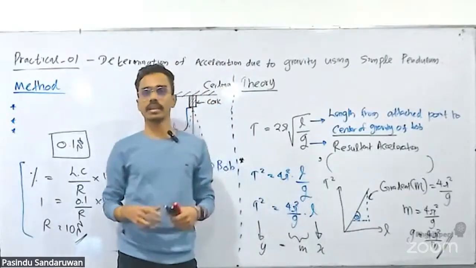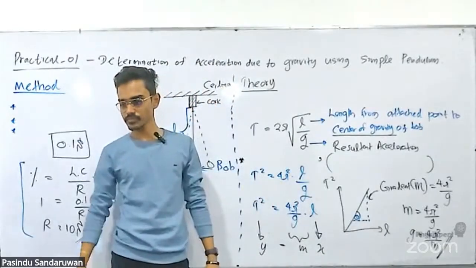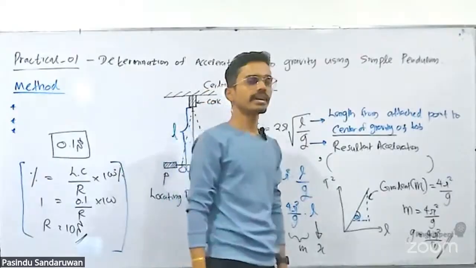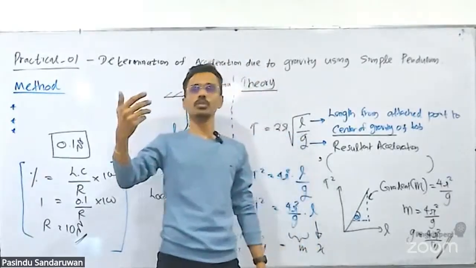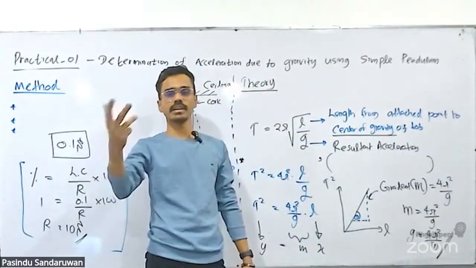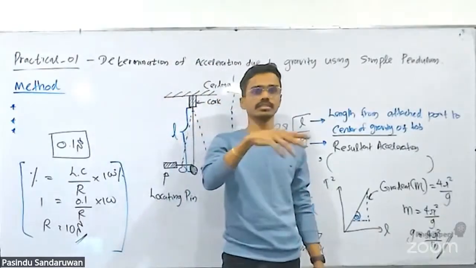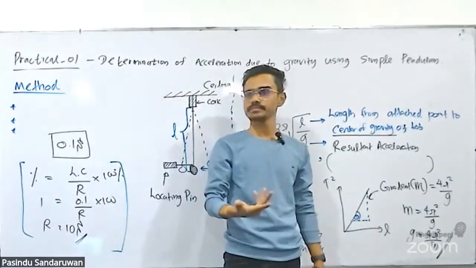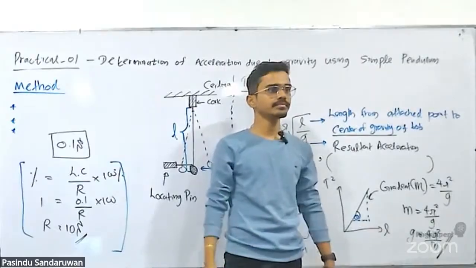That is something we do for more accuracy. When we take two readings and average them, the error is less, no? Personal error, human error. Personal means human error.